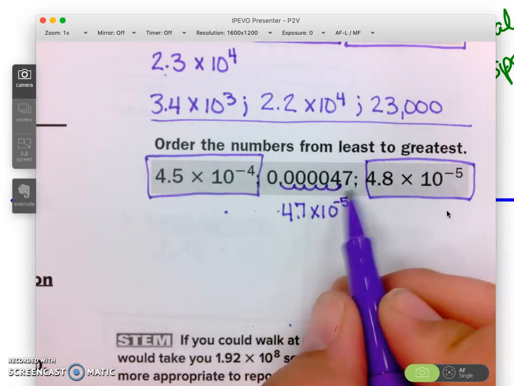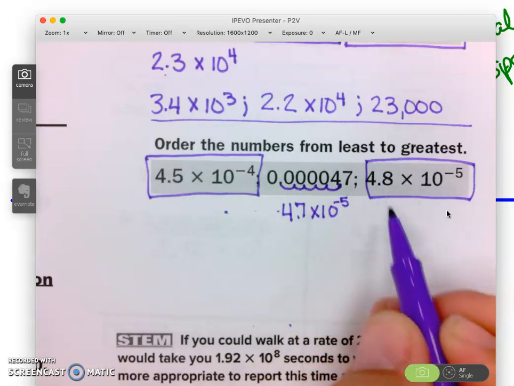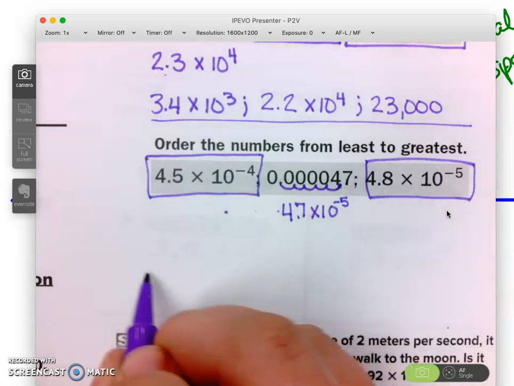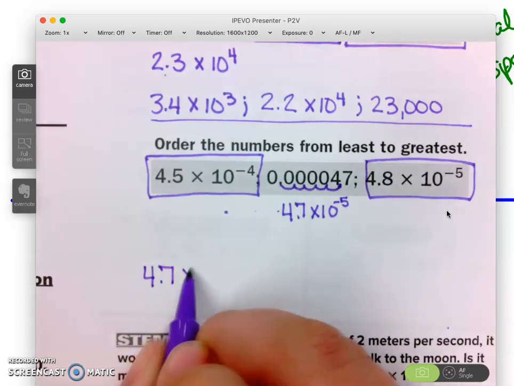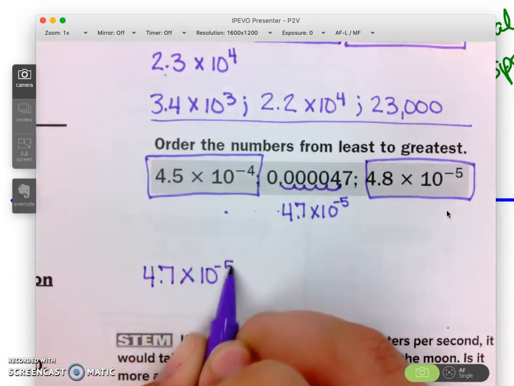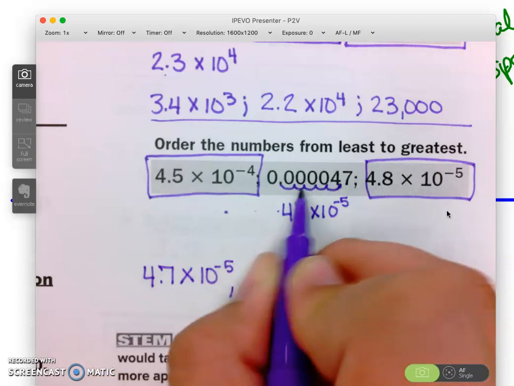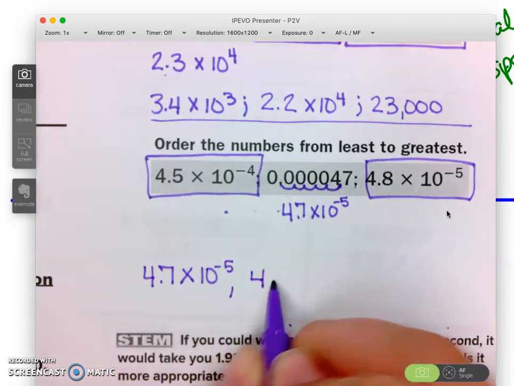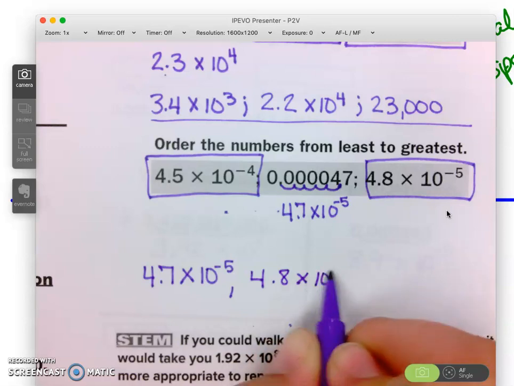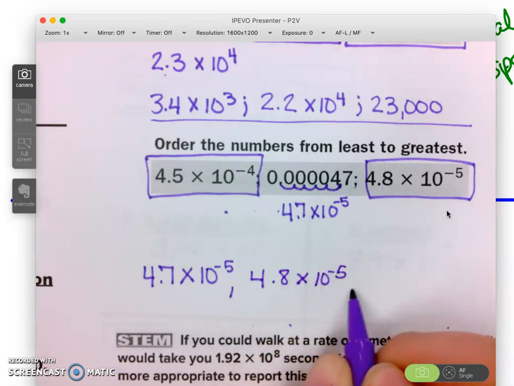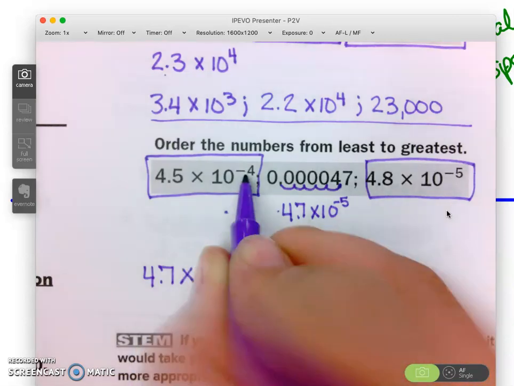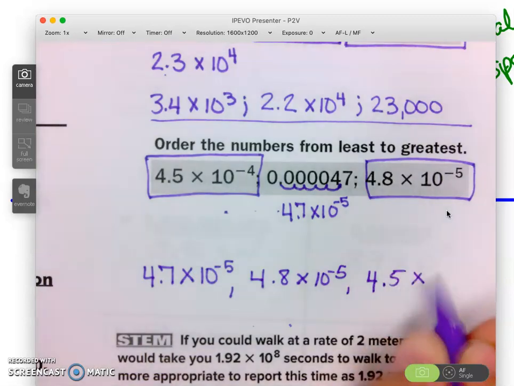If I think which one is smaller, it's going to be this one. So 4.7 times 10 to the negative 5th power. Oh, I should have written it like this, but that's okay. Then 4.8 times 10 to the negative 5, I'm running out of time, and then our bigger exponent is going to go last.